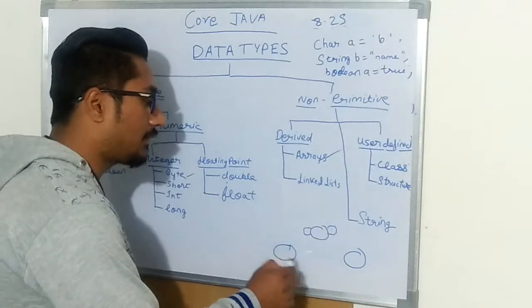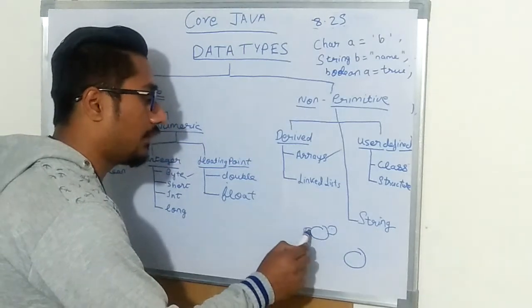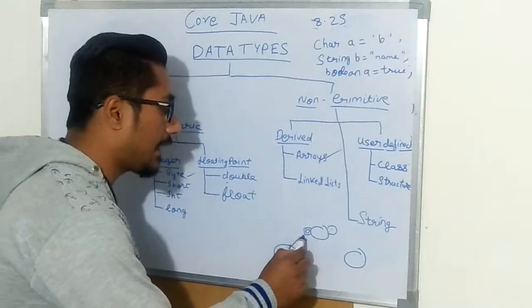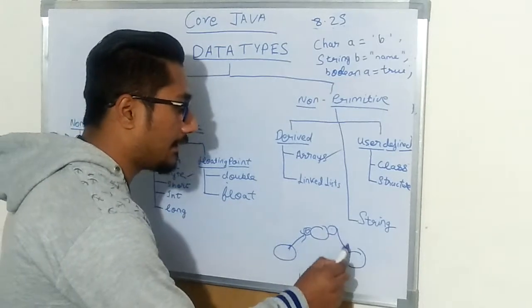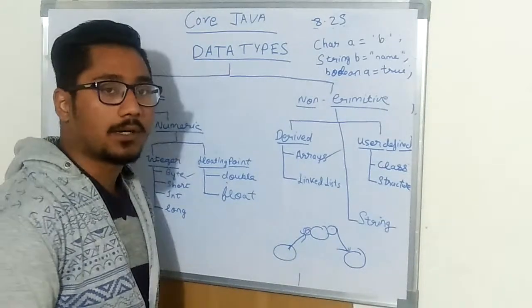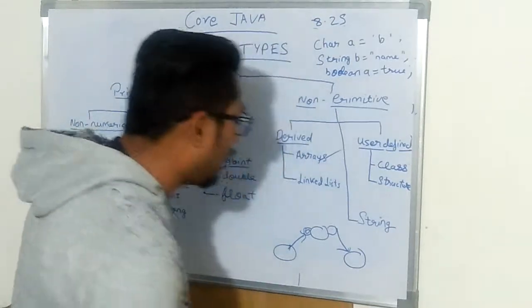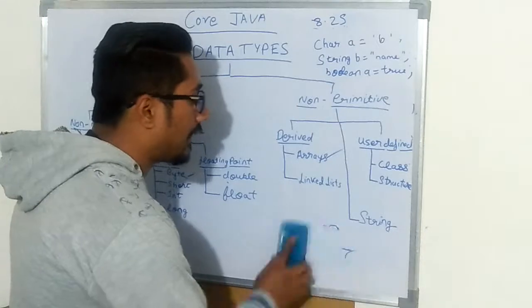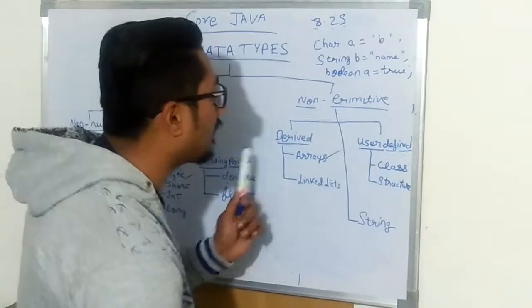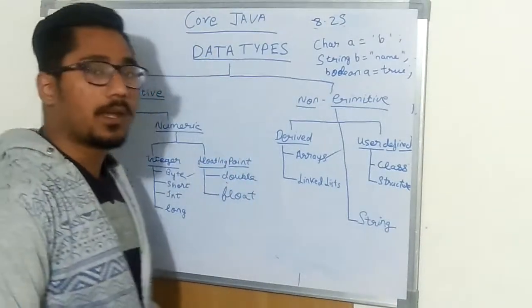So these are connected through these links. This is how a linked list works. Let's not talk about it here, because we'll be talking about it in later upcoming videos. I hope you understand this derived data type part.